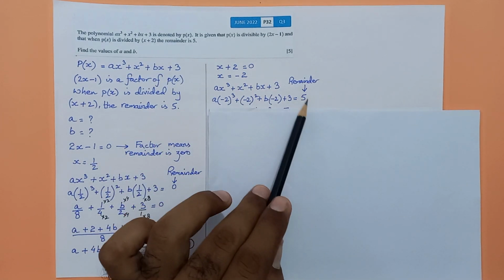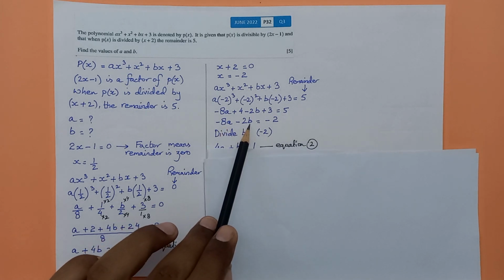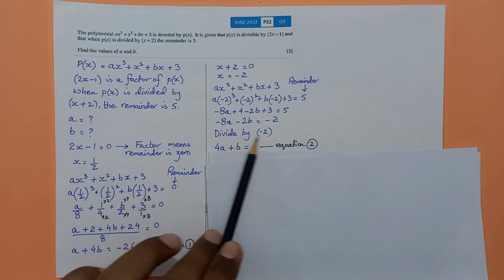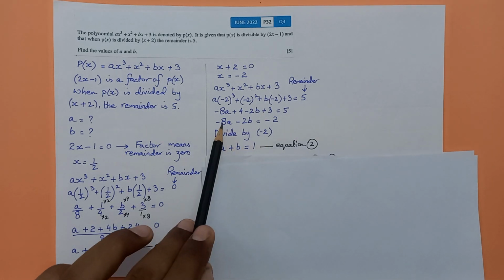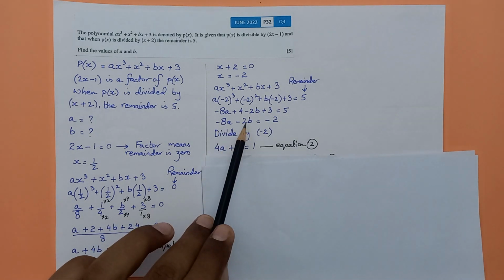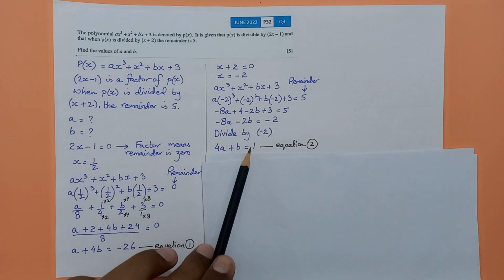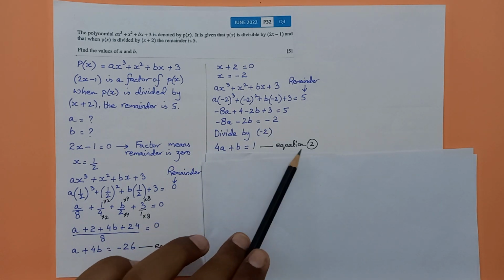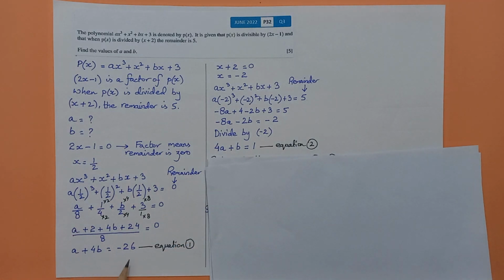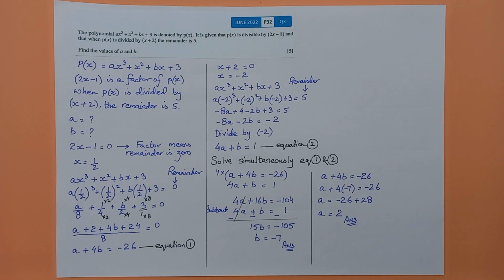After simplification, we have the condition minus 8a minus 2b equals negative 2, and we can simplify it by dividing by negative 2, which gives 4a plus b equals positive 1. We have another equation in the form of a and b. Now we can simply solve the two equations simultaneously and get the values of a and b.